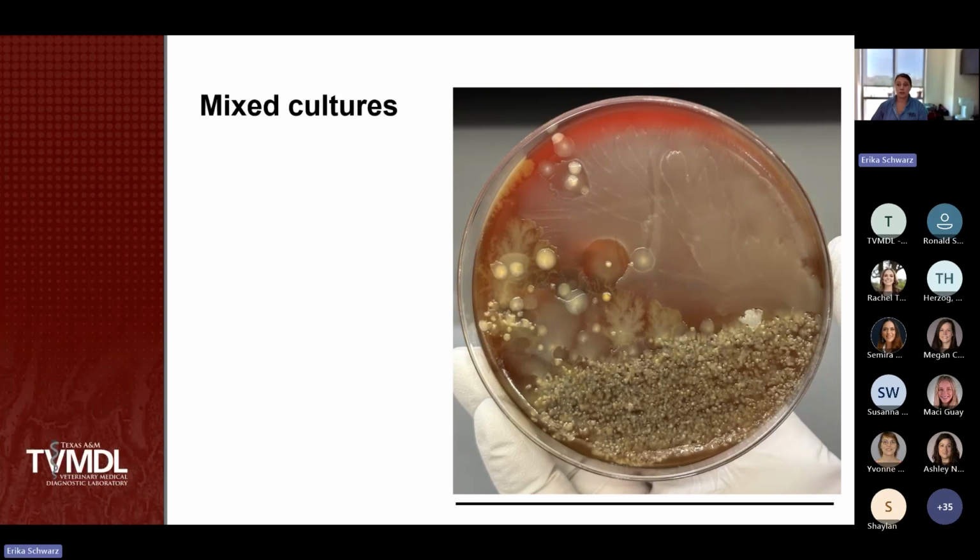We do our best to sub out possible pathogens, but you might receive a report that just says 4+ mixed bacterial growth if it looks something like this, and we can't identify a pathogen that's consistently within the clinical context of the case, or if we feel fairly confident that this is a contaminated culture.